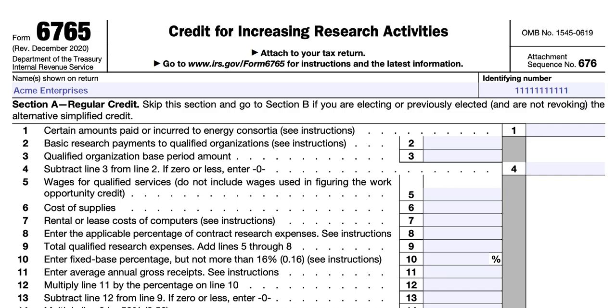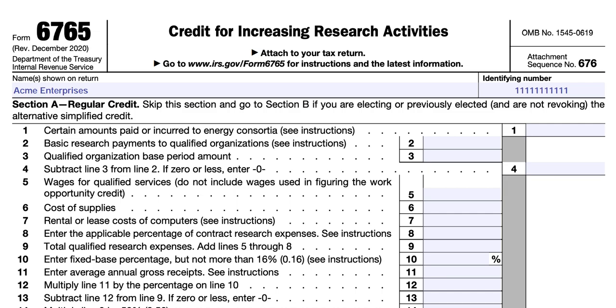And finally, there's a qualified small business for the purposes of the payroll tax credit. And that's a small business with gross receipts of less than $5 million and no gross receipts for any tax year before the 5-year period ending with the tax year.